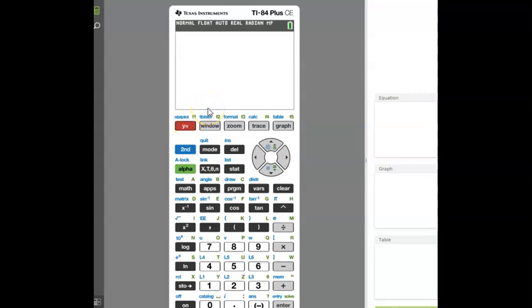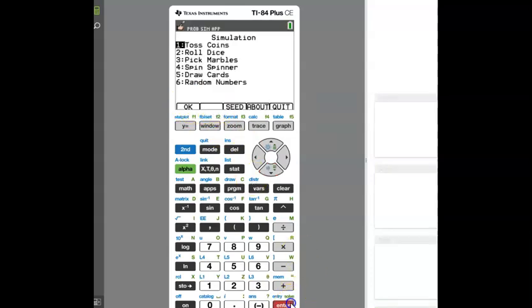So if we actually do the experiment with this calculator, I want you to go to your apps button, which is diagonal from the alpha. We're going to hit apps, and for most of you, you'll find this app on number 10. If you scroll past 9, it'll say probability simulator, and that's the one we want to pick.